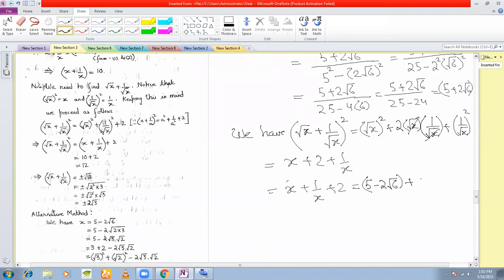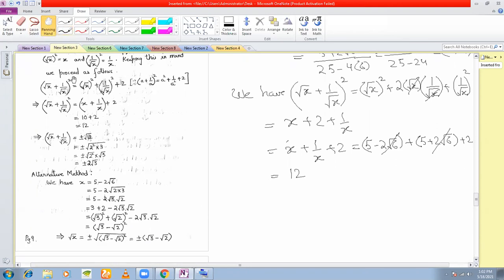We'll put the value of 1 by x also, 5 plus 2 root 6, and the plus 2. Plus sign, open the brackets, signs will not change. So this and this will cancel. You simply get 5 plus 5 plus 2, which is 12. So we're getting the value of (root x plus 1 by root x) whole square as 12.